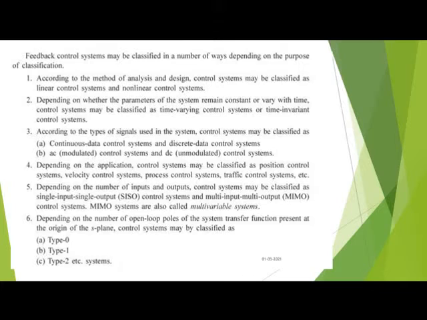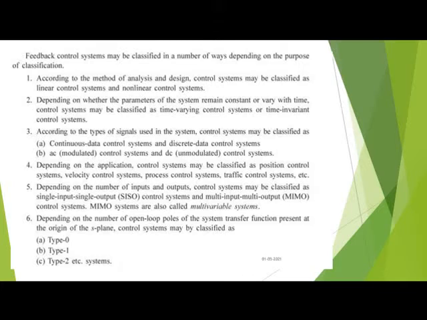Another is that feedback control systems may be classified in a number of ways depending upon the purpose of classification. According to the method of analysis and design, the control system may be classified as linear and non-linear control systems. Next, depending upon whether the parameters of the system remain constant or vary with time, they are classified as time varying or time invariant control systems.